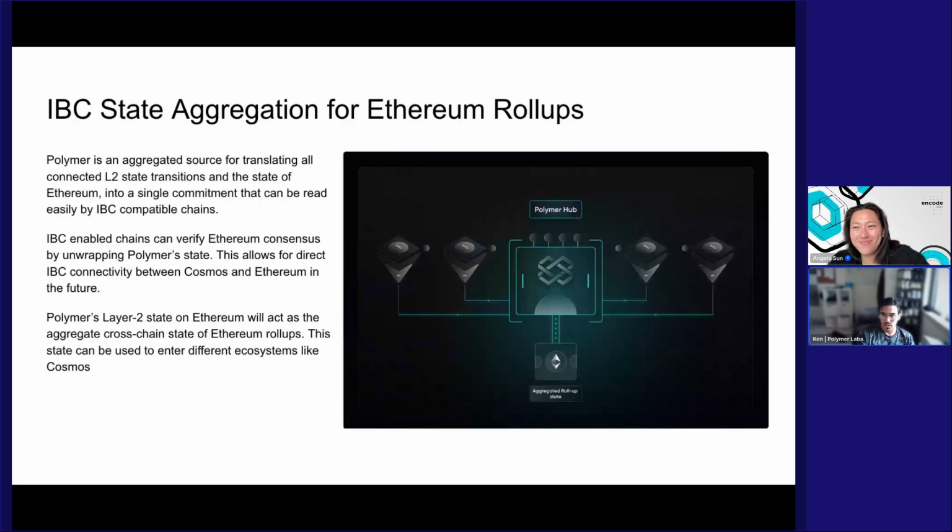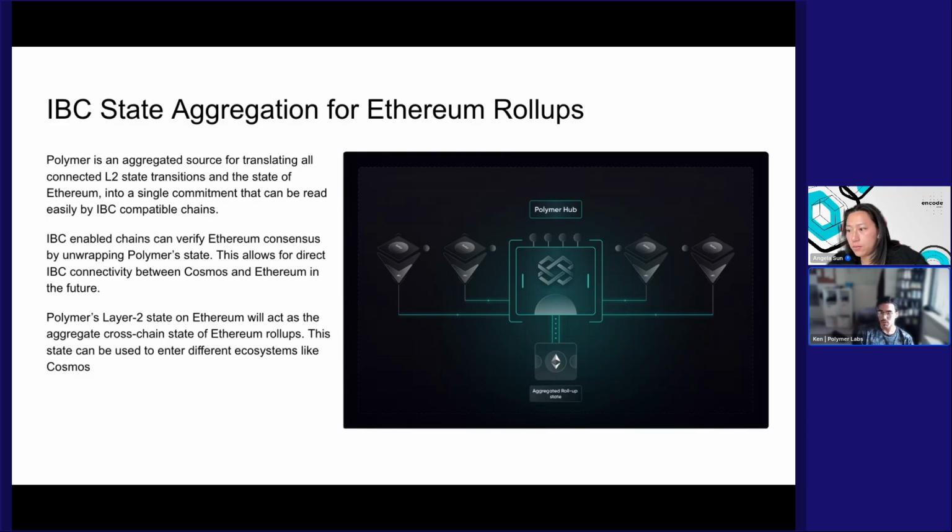So just hammering home the idea from two slides ago of this hub and spoke model. Polymer is an aggregated source of translating information between rollups. And how it does this is it packages all the state transitions of the L2 into commitments that can be read from Ethereum for Polymer-enabled or IBC compatible chains.